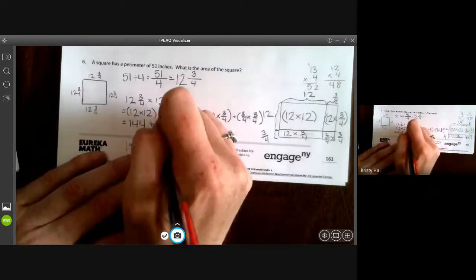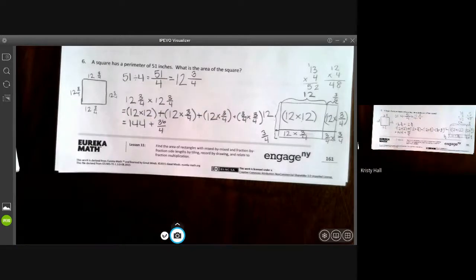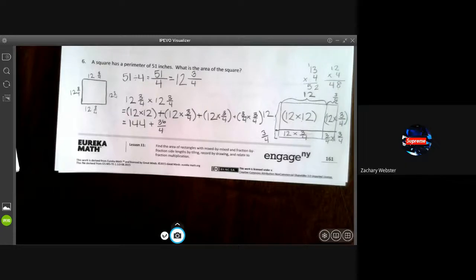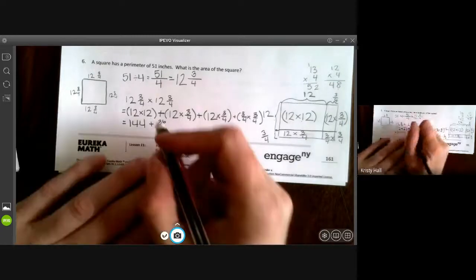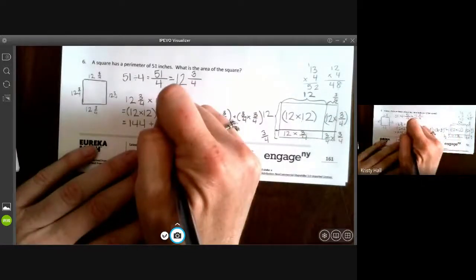Yes, 36/4. Whoa, wait, 36/4. Can we fix that up? How many times is 4 going into 36? 9. Yeah, exactly 9 times. So instead of writing the improper fraction, I'd rather work with a 9.